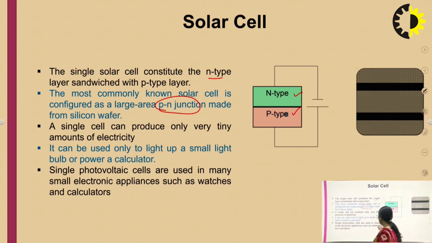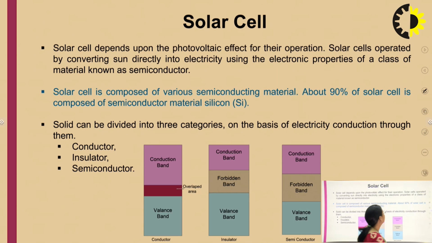Single photovoltaic cells are also used in many small electronic appliances such as watches and calculators. These solar cells work on the principle of the photovoltaic effect.